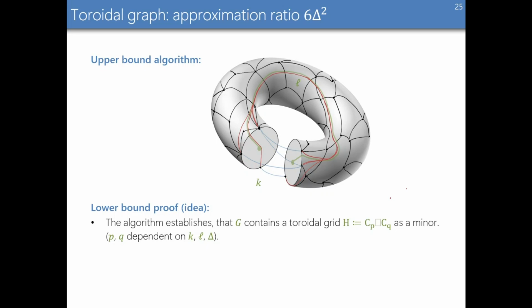Well, the thing is that by the fact that this first red loop along which we cut was the shortest loop in the graph, and then we take the shortest path from one side to another, we can use that to understand that the original graph must have had a toroidal grid minor of length p times q, where p times q is not precisely k and L, but it's very related to it. It's a bit smaller than k and a bit smaller than L, but in the same realm.